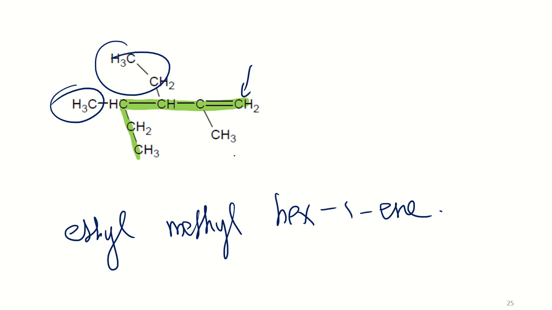Our ethyl is on number 3. Remember, we label from number 1 being here. Oh, we have another methyl group there actually. So we have an ethyl on number 3, so I'm going to put a 3 there. I have a methyl on number 2 and 4.